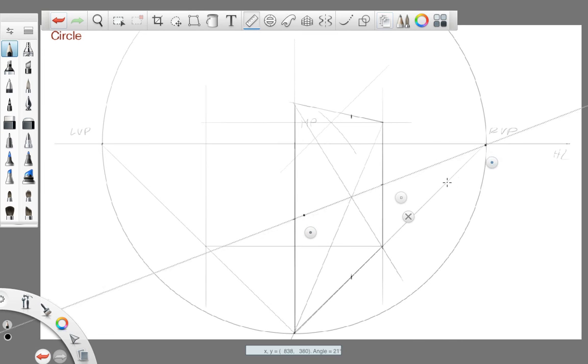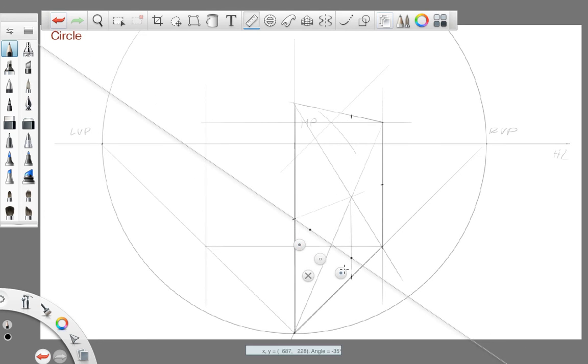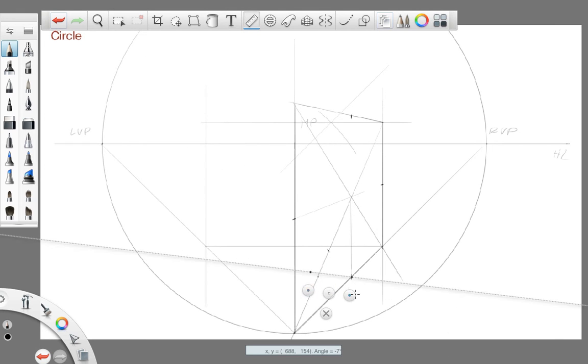Just to help myself here again, I will draw this one line, and then maybe go to here, draw this one down there and there. So there's my midpoint. So 1/3 maybe might be here. Okay, and let's try to draw this one, and let's hope it will be better this time.